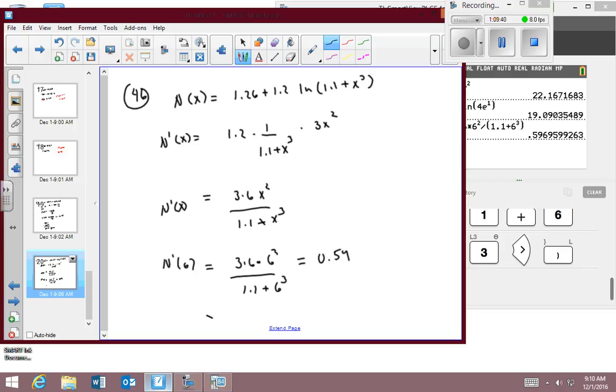So when it goes from 6 to 7, it changes by about half. Look, it's thousands, right? Thousands.